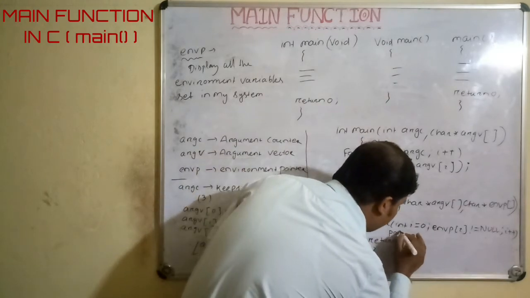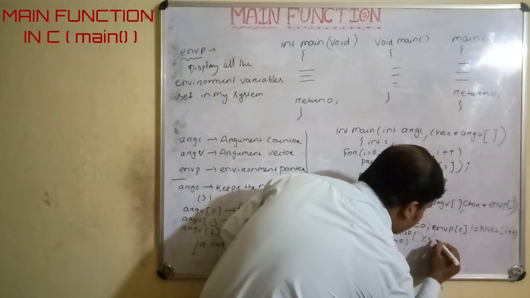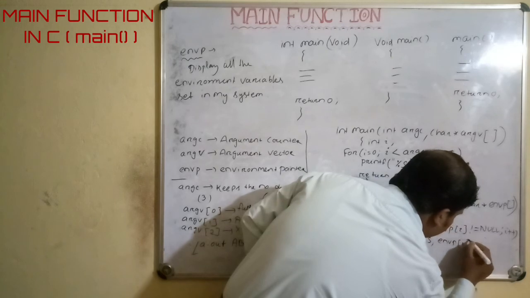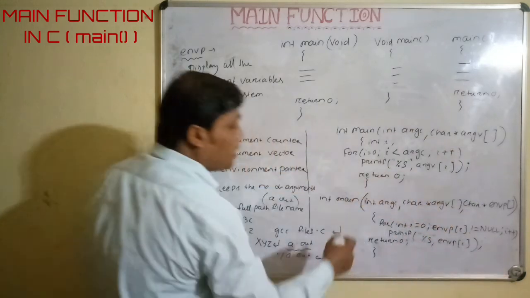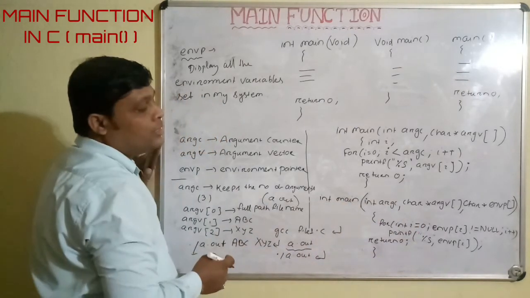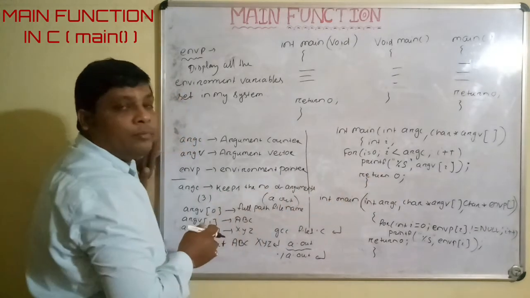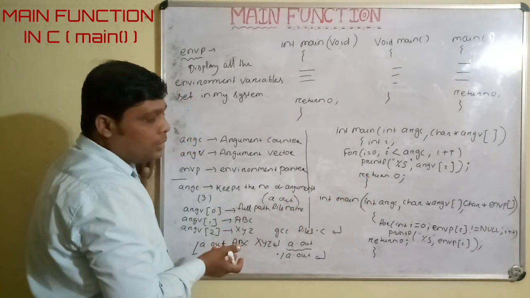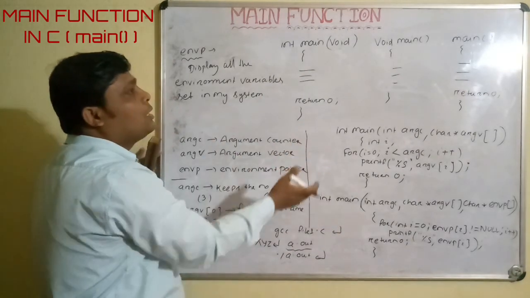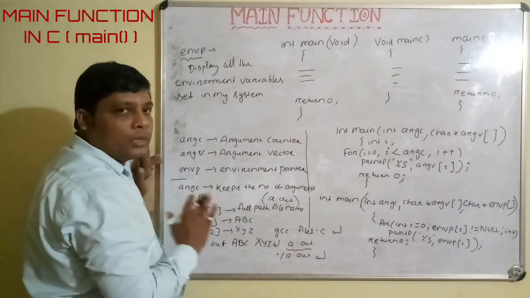Then printf %s, then envp i. You can use it like this. You can print the value of envp like this in a program. This is the third parameter in the main function. Clear? So these are the forms we can use in a program. The different forms of a main function.